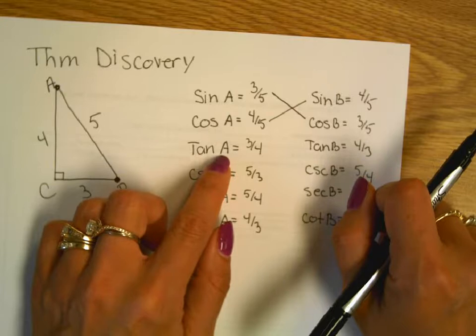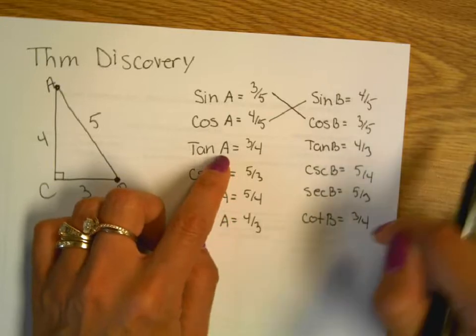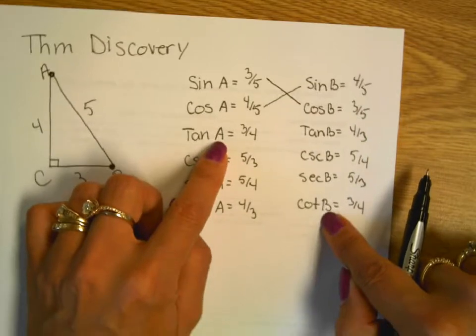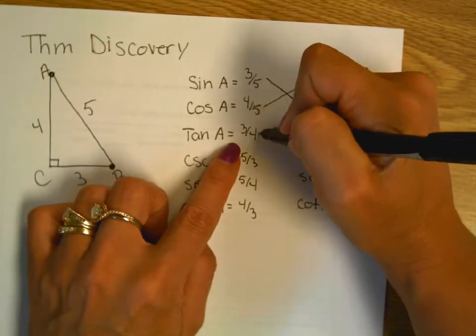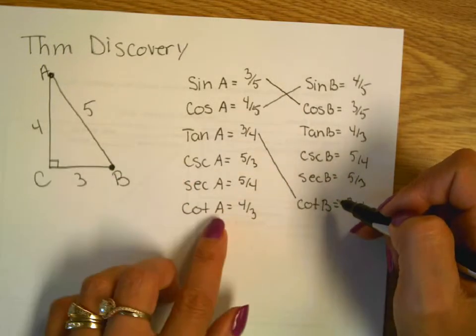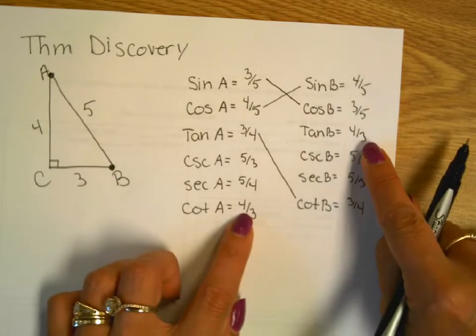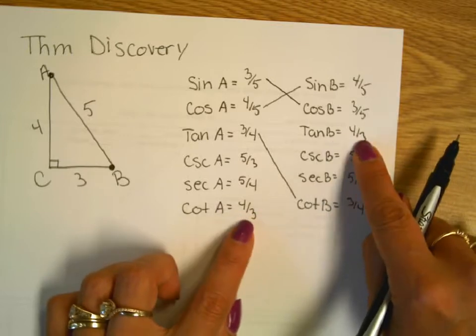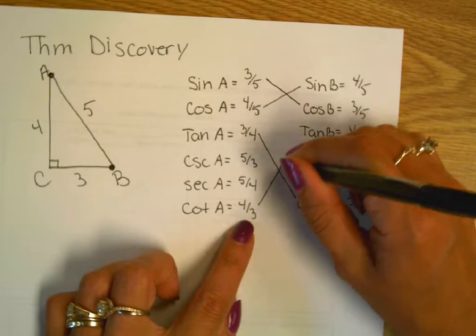What's tangent's cofunction? Oh, look at it. If I'm on A and one's on B, they're equal. So we're pairing up cofunctions, and I can go down to the cotangent here, matches back to the tangent here. As long as one's on A and one's on B, looks like they're coming out equal.